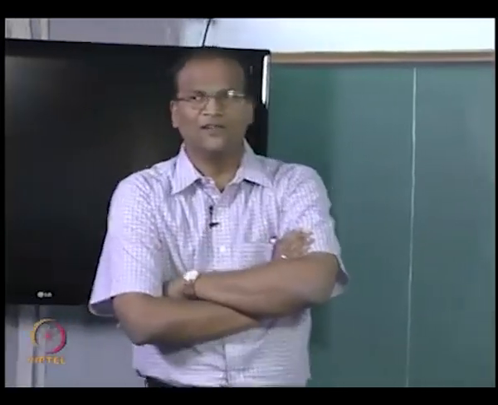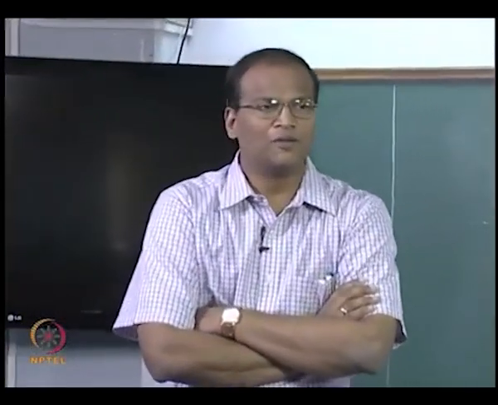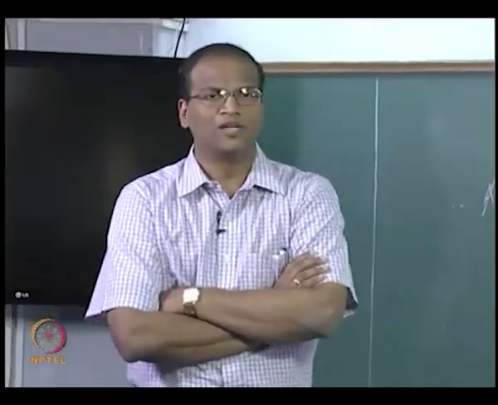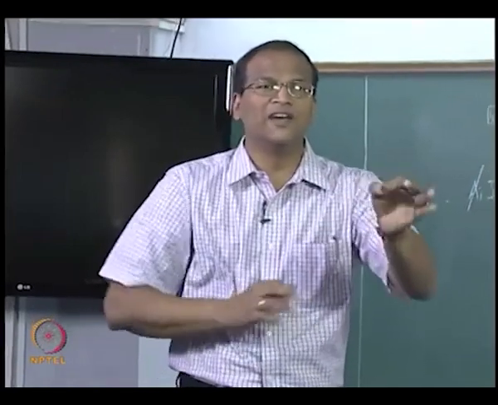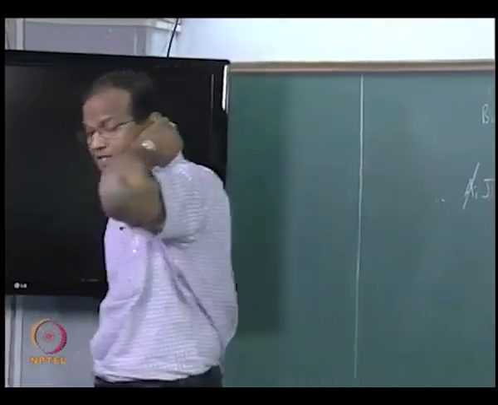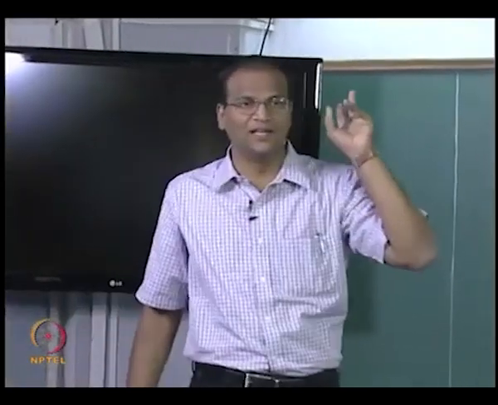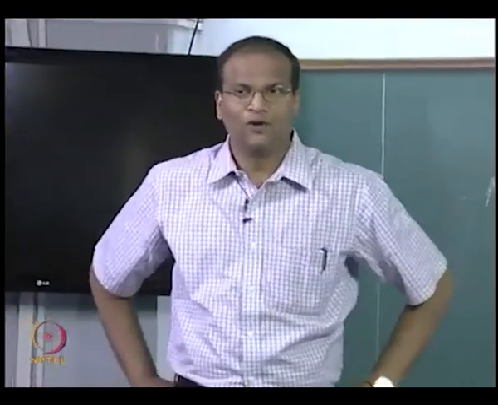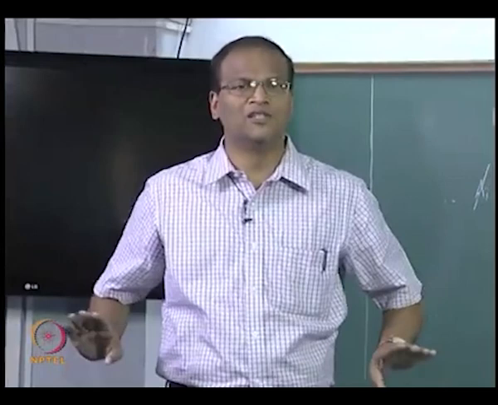Therefore, the radiosity of the ith surface Ji equals epsilon sigma T to the power of 4 plus 1 minus epsilon sigma Fij Jj. Do not get confused; don't put Fji there. Ji equals epsilon sigma T to the power of 4 plus 1 minus epsilon sigma Fij Jj.